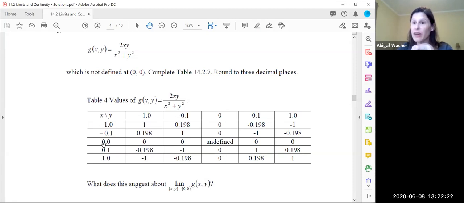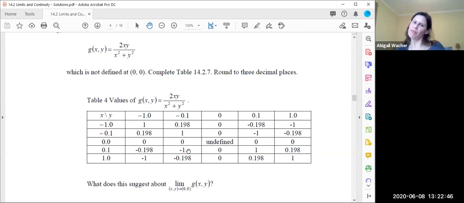Coming from when x is 0, the function is 0 coming from the left, coming from the right. But it's certainly not an existing limit, right? You don't have the things agreeing. Also, let's look at the diagonal. On that diagonal from the left here, I have 1s, and then it hits undefined. On the diagonal on the bottom, I have minus 1s.